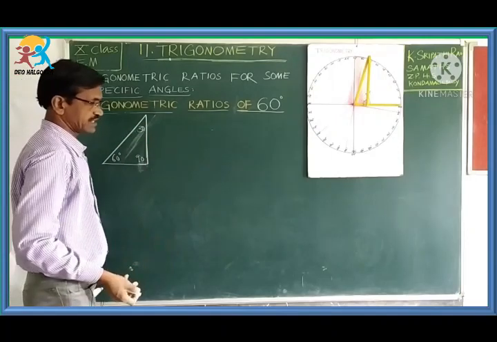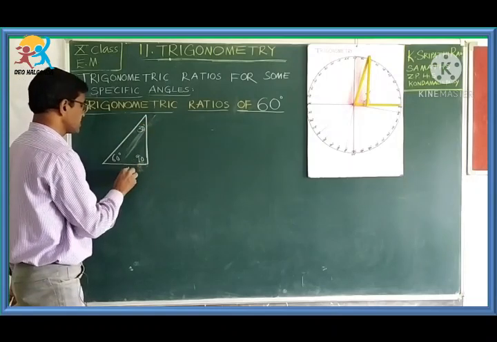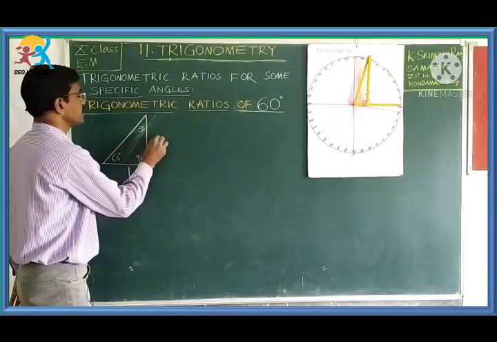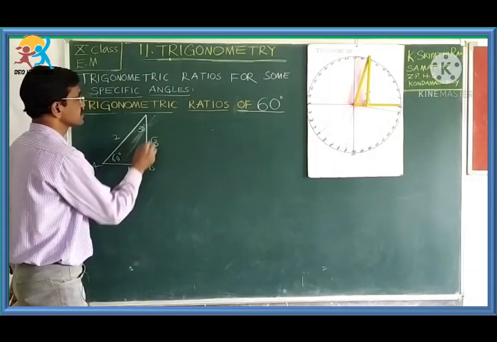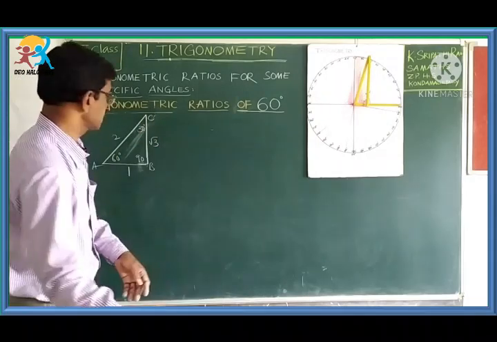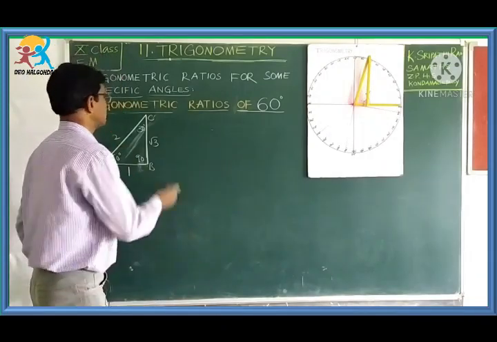In the previous session we got the values: opposite to 30 degrees is 1, opposite to 60 is root 3 and opposite to 90 is 2. Here A, B, C. Now let us write the values.